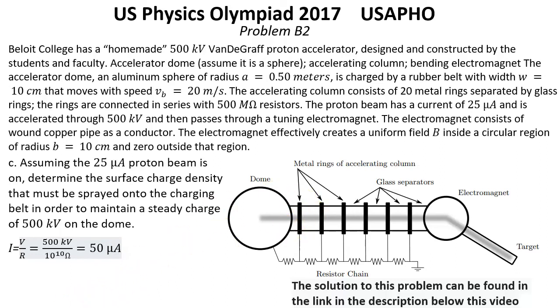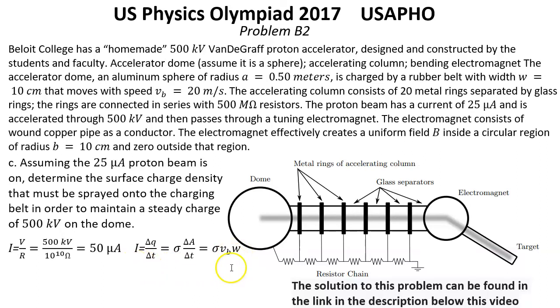It means that we can find the surface charge density for this belt. We have a total current equal to delta Q over delta t, and delta Q equals sigma multiplied by delta A, where delta A over delta t is how fast the area is moving, and the area moves with the speed v_b multiplied by the width of this belt.